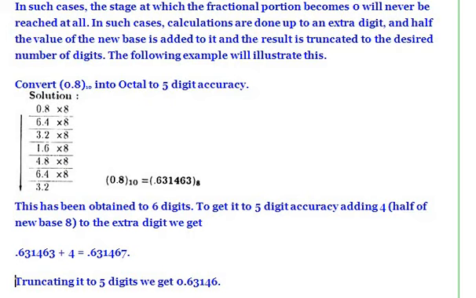If you want to get it to 5 digit accuracy, add 4, that is half of the base, base is 8, to the extra digit we get. So it is 0.631463 plus 4. Now truncating it to 5 digits, we get 0.6314. The 7 is truncated to 6.